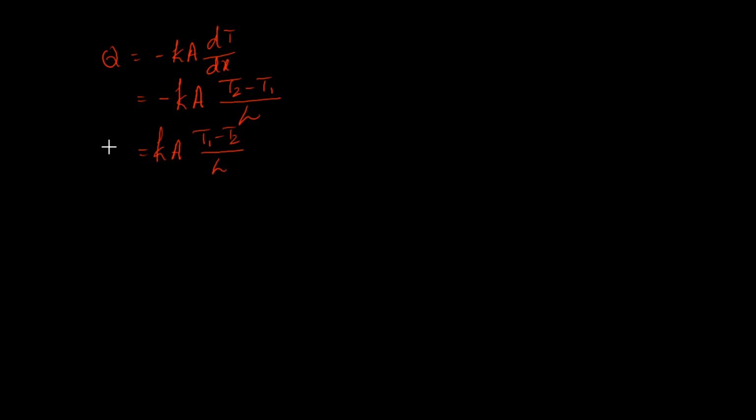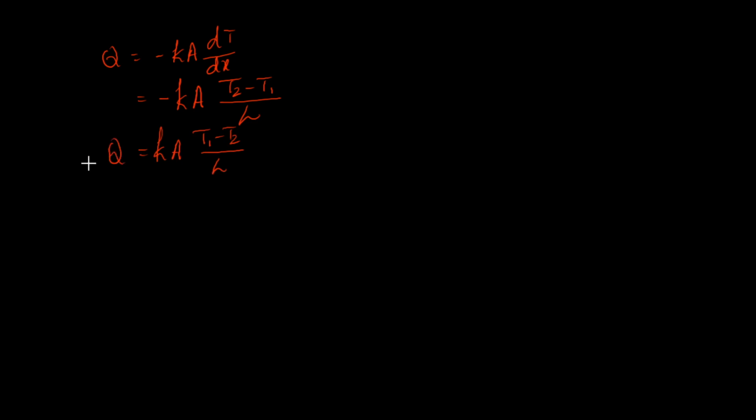So Q will be equal to minus K into A into dT by dx. In the place of dT by dx, I'll substitute the value of C1, that is minus K into A into T2 minus T1 divided by L. I have a minus sign here. I can take it inside these two terms. So I'll get the equation as K into A into T1 minus T2 divided by L.